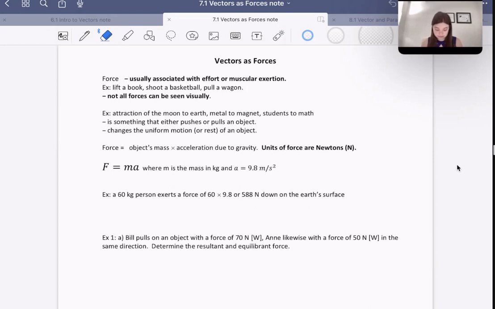So force is the object's mass times the acceleration due to gravity, and units of force are measured in newtons. So F equals ma, right? M for mass, and A for acceleration due to gravity. Now, acceleration due to gravity is always 9.8 meters per second squared. Because if someone is high up, there's always going to be some acceleration due to gravity.